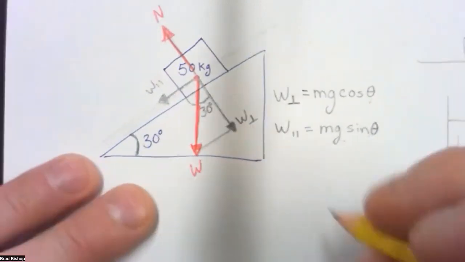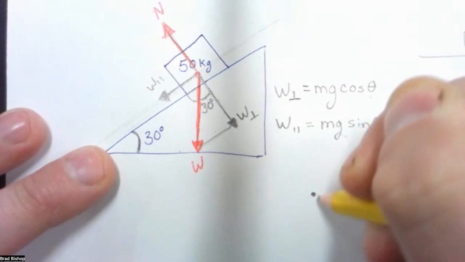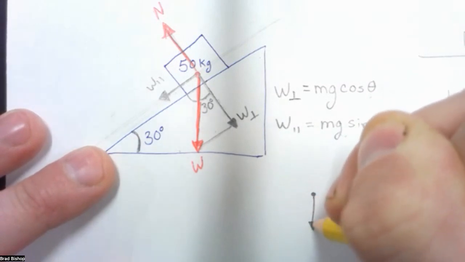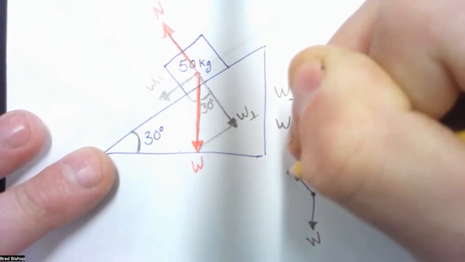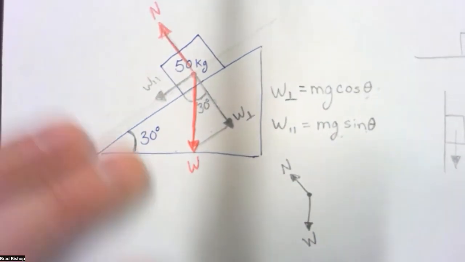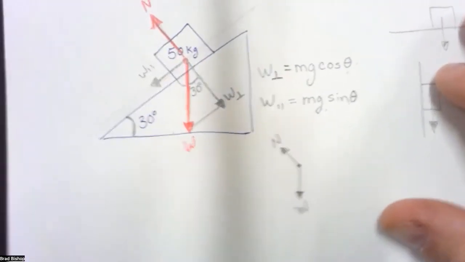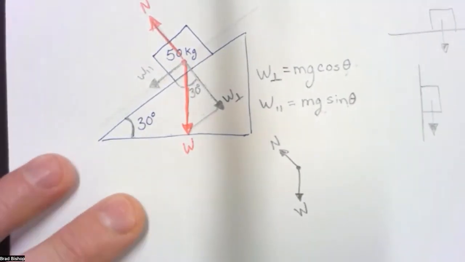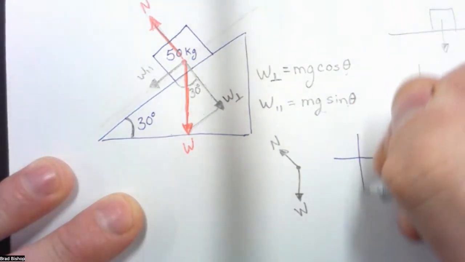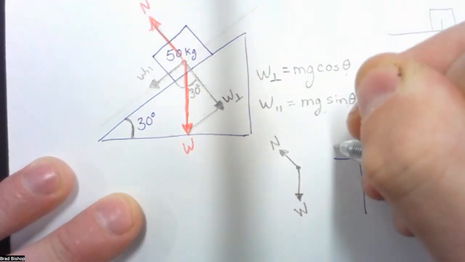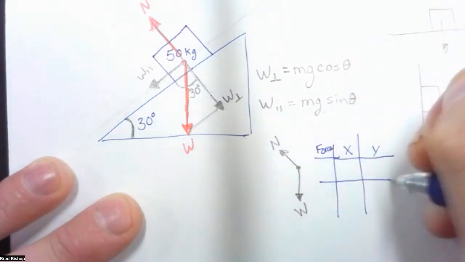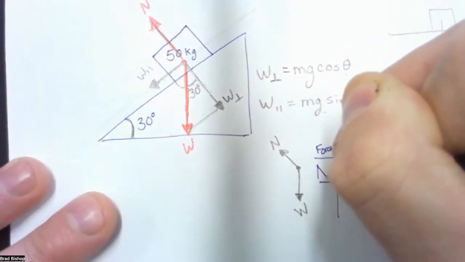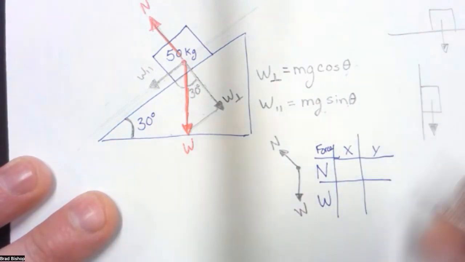So what do we do? Well, let's draw our free body diagram. Weight is directed straight down. The normal force for this problem is going to be at an incline, or at an angle perpendicular to the incline. And then from here, we can set up our chart, right? So we only have two forces, the normal force and the weight.